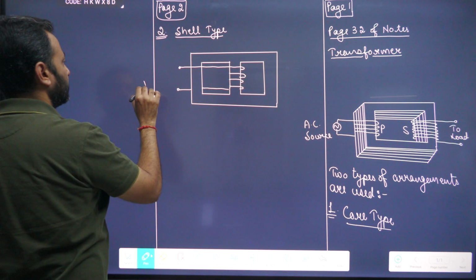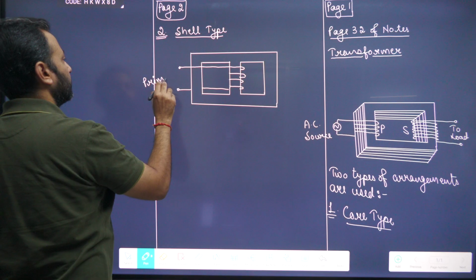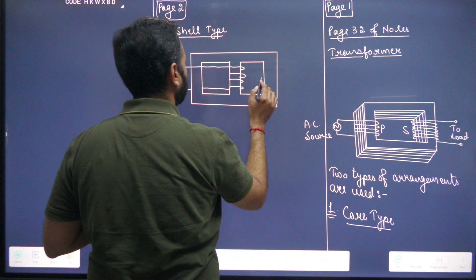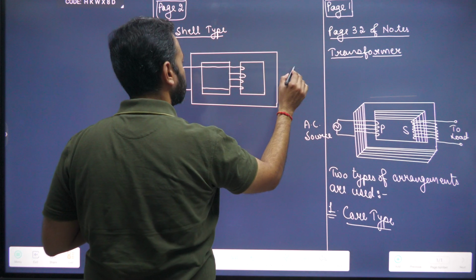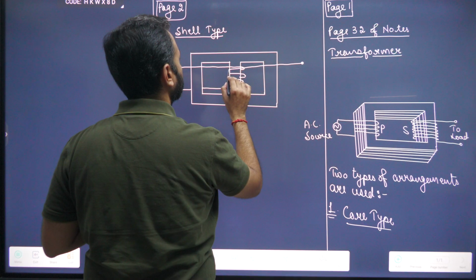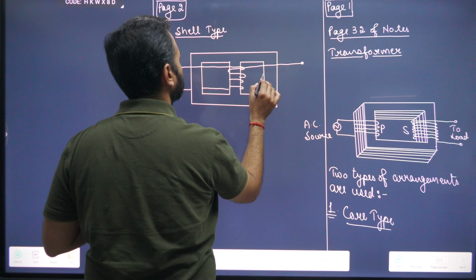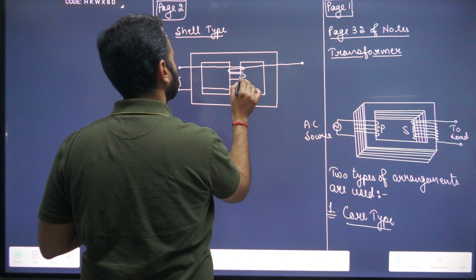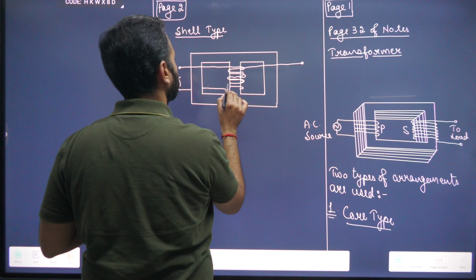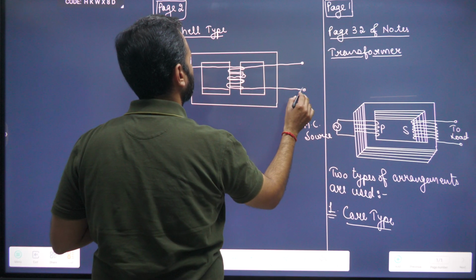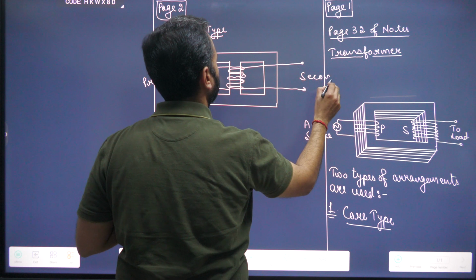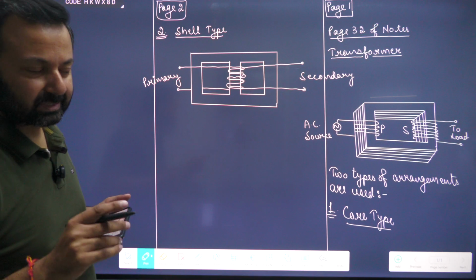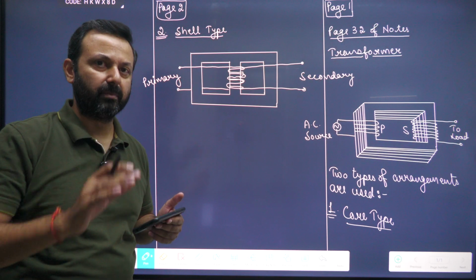This is primary, and this is secondary. So in the shell type transformer, both primary coil and secondary coil, they both are wound on the same limb.